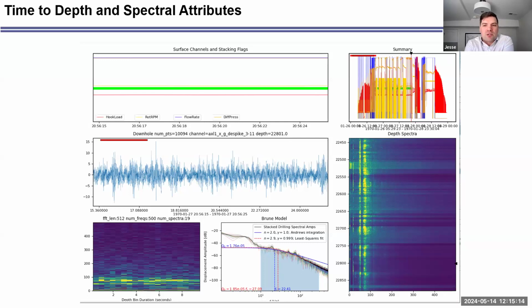What we're showing on the right here is what we call depth spectra, where we've done that for this entire well or this entire run. On the y-axis, you have depth, and then you can see the frequency on the x-axis, and the highlighted amplitudes with the color scheme.